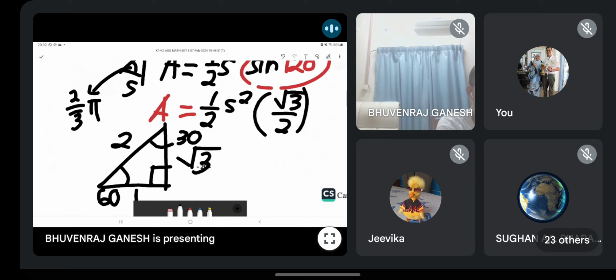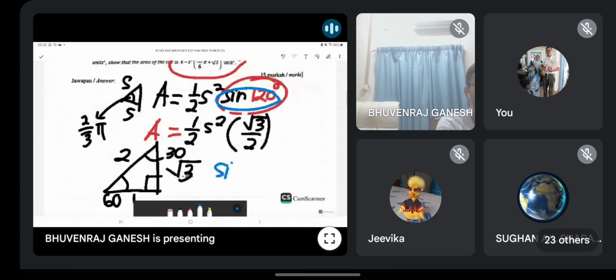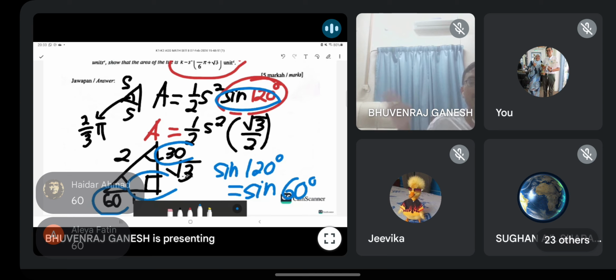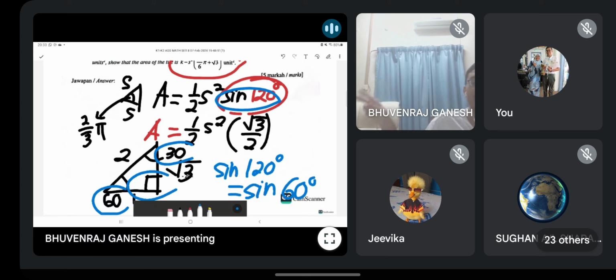So now sine 120. Guys, sine 120 sama dengan apa? Can anyone tell me? Same to which value in this triangle? Equal to sine? Sama dengan apa? 30 or 60 or 90? Yes, 60. Remember guys, 120 and 60, they are supplementary angles. Dalam sine, kuadran 1, kuadran 2, dia positif.